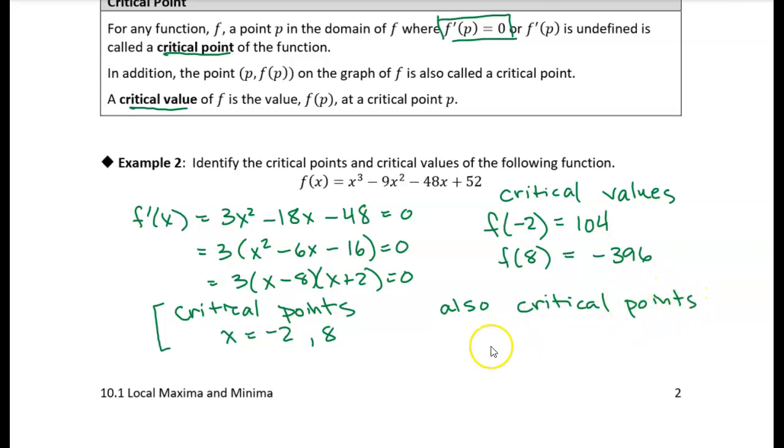So you can also consider the critical points to be negative 2, 104. That would be the complete point, right? The x and the y value. So 8, negative 396 would be the other critical point if you wanted to refer to the actual point. But for the most part, we're going to be just referring to the critical points by their x values.